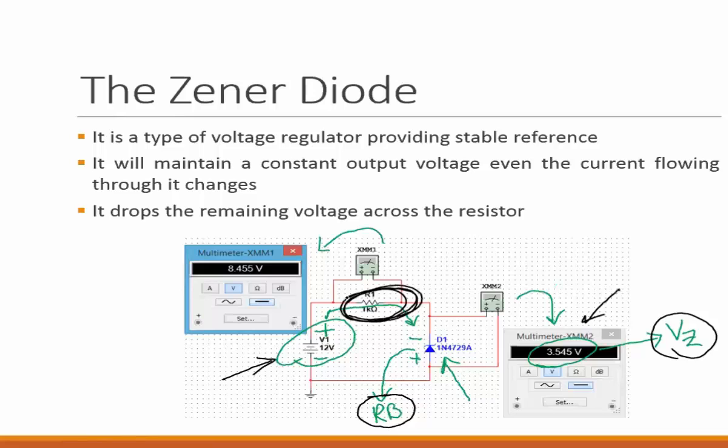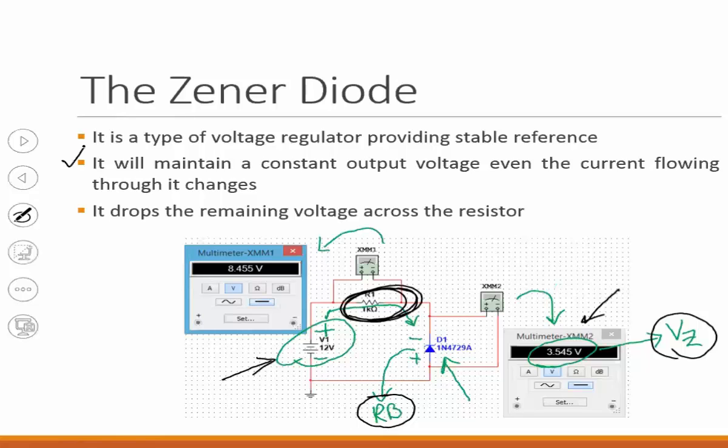So 12 minus 3.54 will be on the resistor, which will obviously give some current in the circuit, correct? So if I replace this Zener diode with a different model, obviously the whole circuit will be affected because its VZ would be different, right? So it maintains a constant output voltage even when the current flowing through it changes.